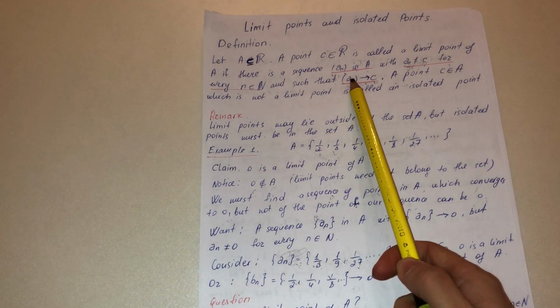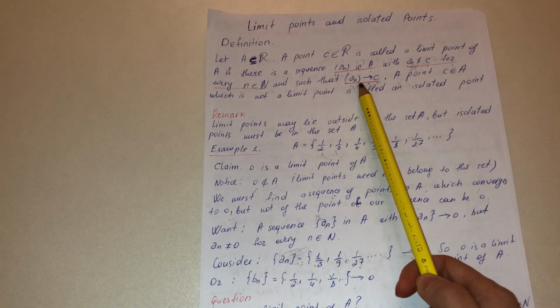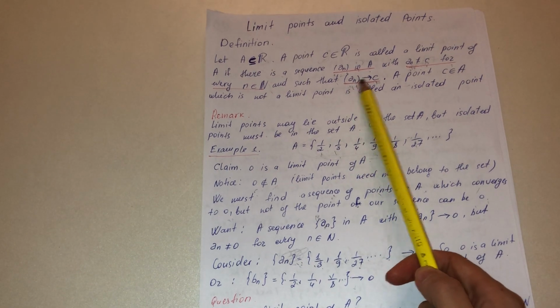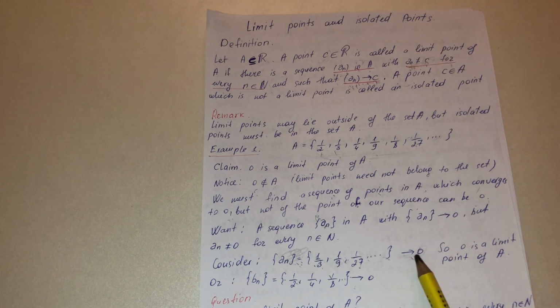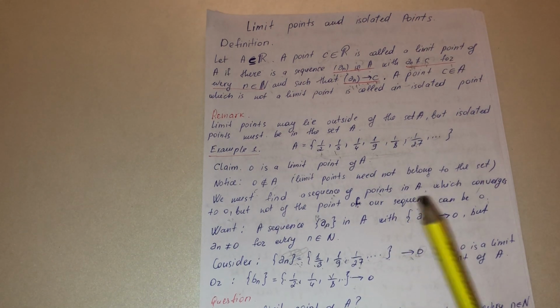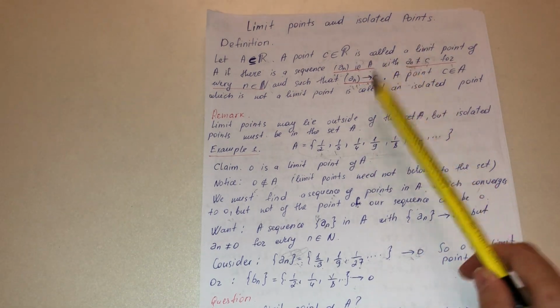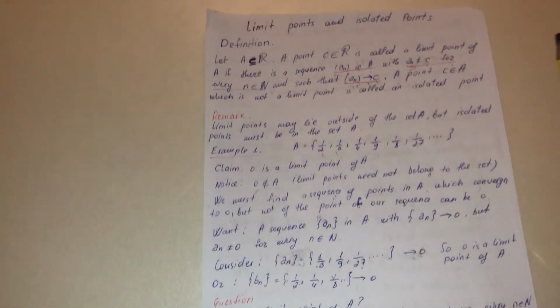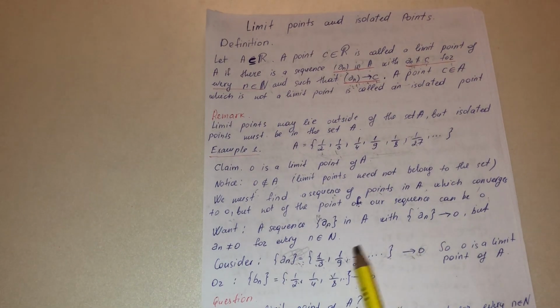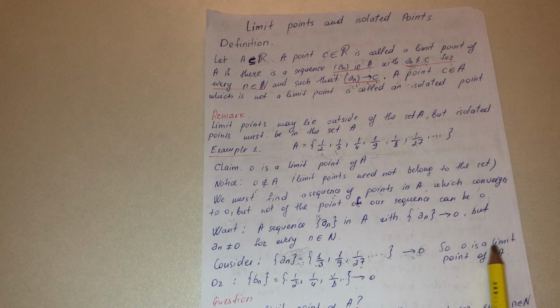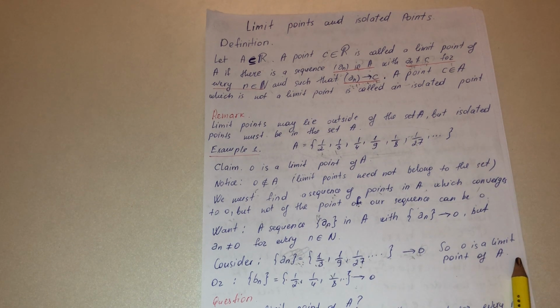And our third condition is that δn converges to C. Yes, all of these three conditions are satisfied, so we can say that 0 is a limit point of A.